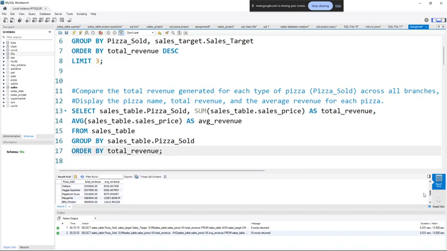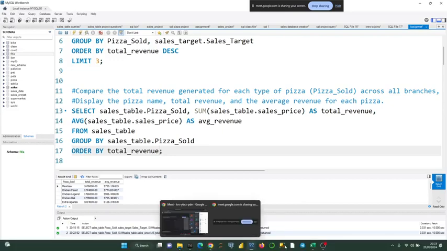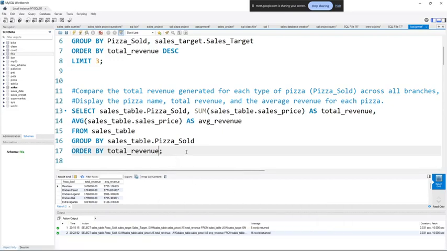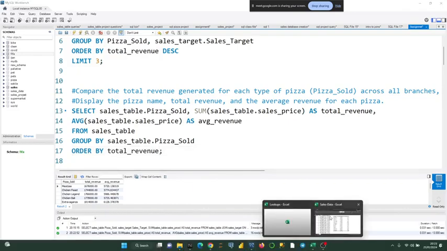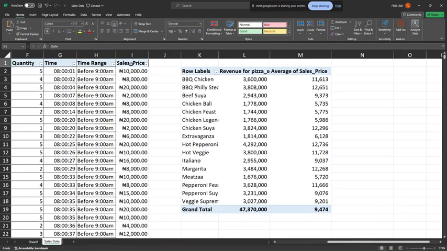I thought we had already created a revenue column. I named my own sales price. Do you understand what I did? Look at it here. Sales price.